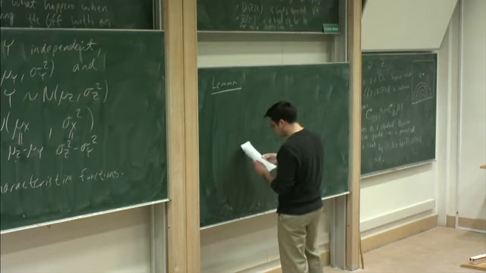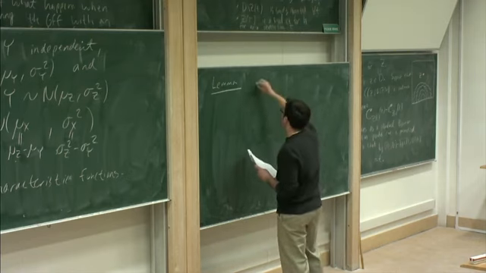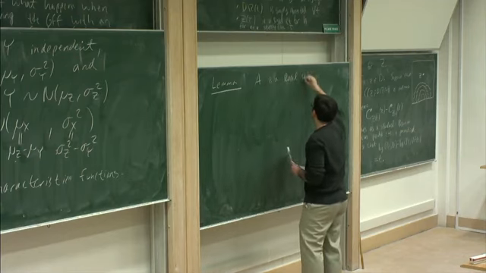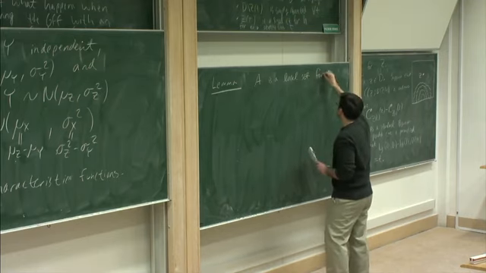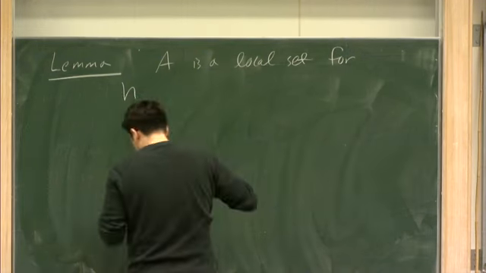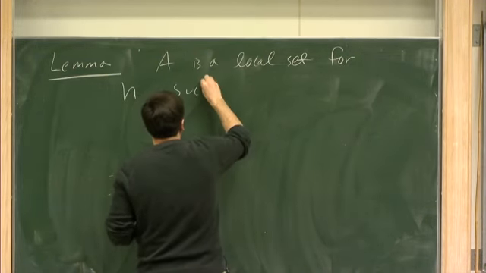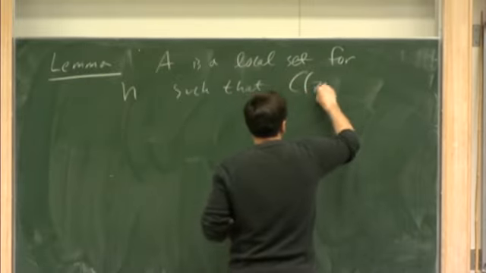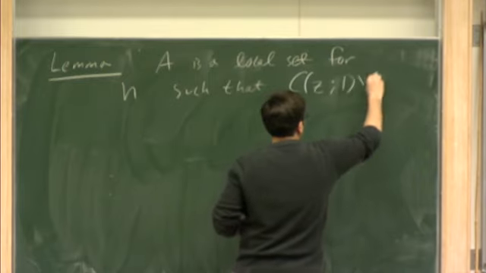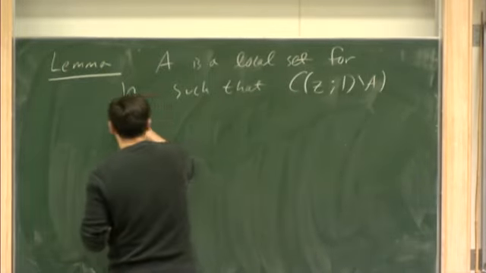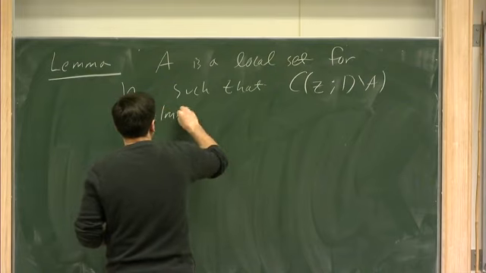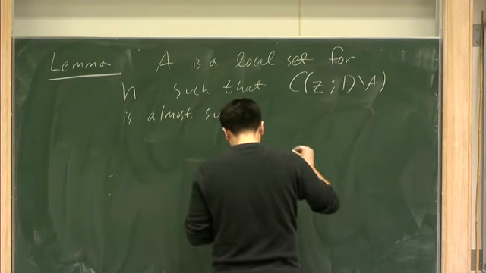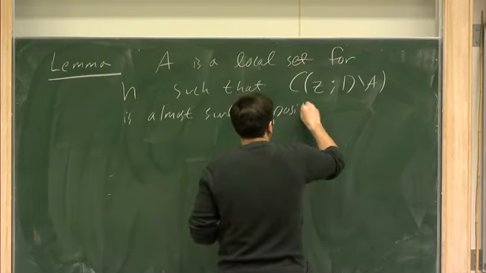I'm going to assume that A is a local set for my Gaussian free field, and I'm going to assume that the conformal radius of z in the complement of A is almost surely positive and constant.